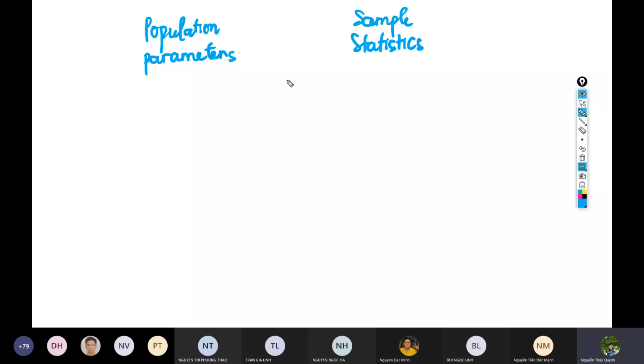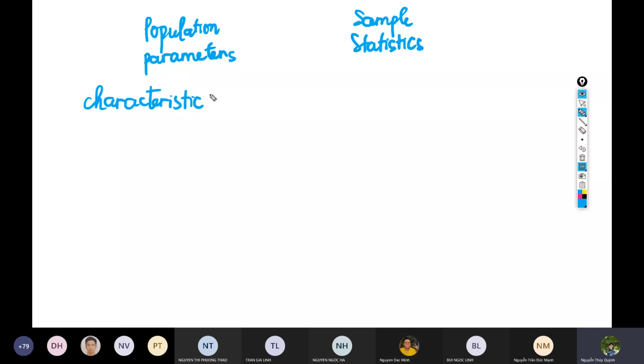One sentence for each point. All right, what is the first difference between population parameter and sample statistic? The first is that a parameter is used for a whole population, while a statistic is only used for a sample.